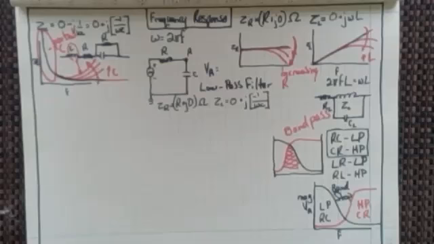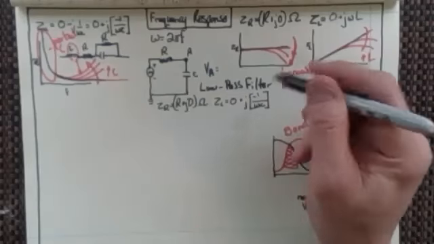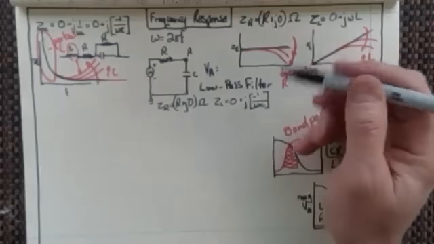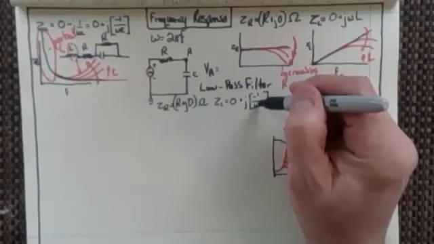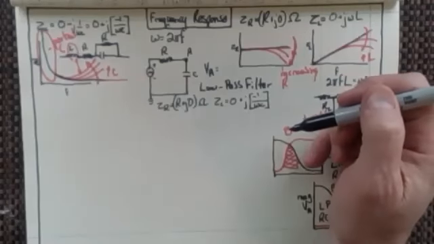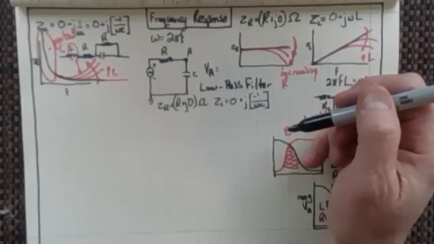Now we've got really three different regimes. Let's say that we've got a very low frequency. By low frequency, let's say we're talking about something like 1,000 hertz. That's a relatively low frequency.